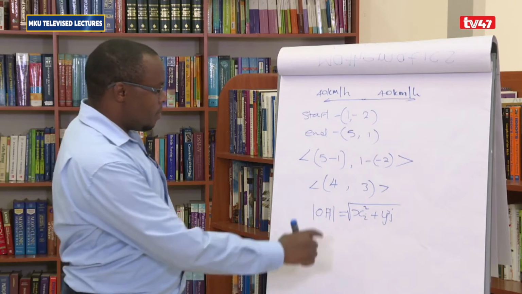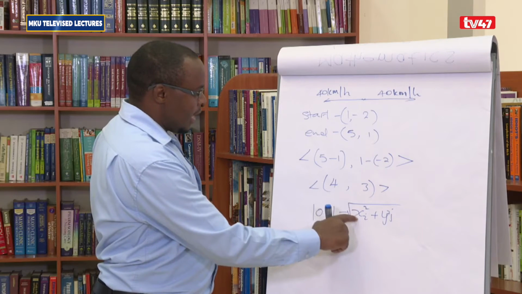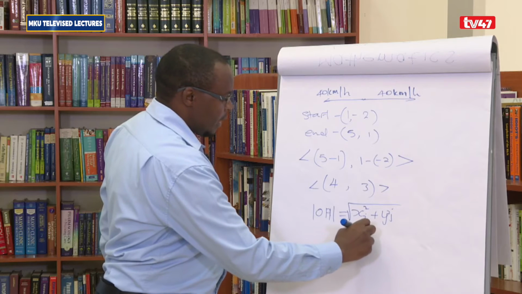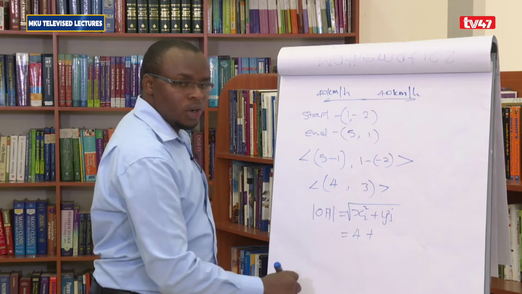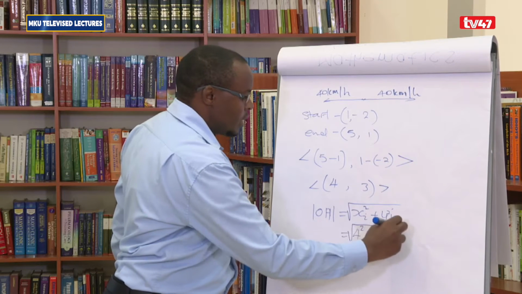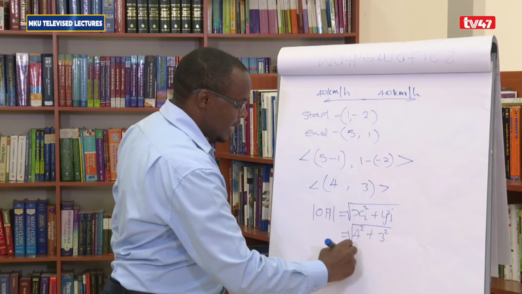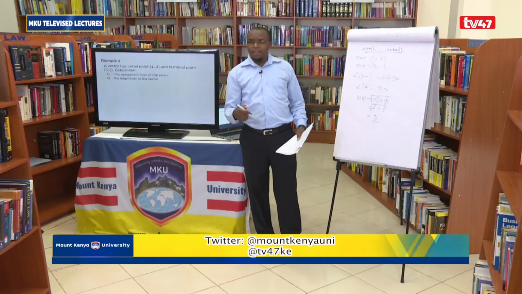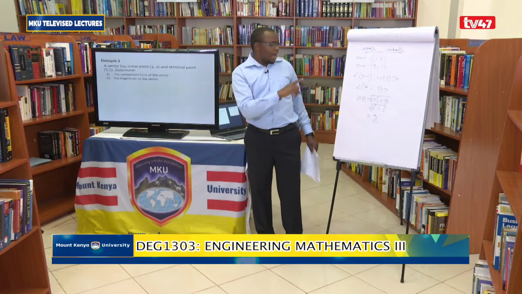Here x is 4 and y is 3, so you square them and take the square root, and of course you get the answer as 5. So that is the way you get the magnitude of a vector.